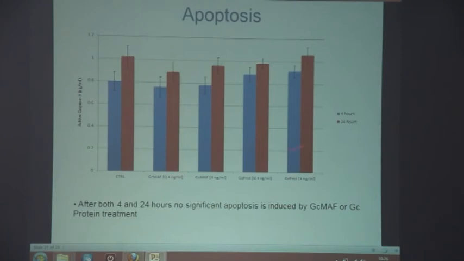You can see that the blue is after 4 hours of treatment and the red after 24 hours of treatment, and after both 4 and 24 hours, you can see that no significant apoptosis is induced by GcMAF or also GC protein treatment.